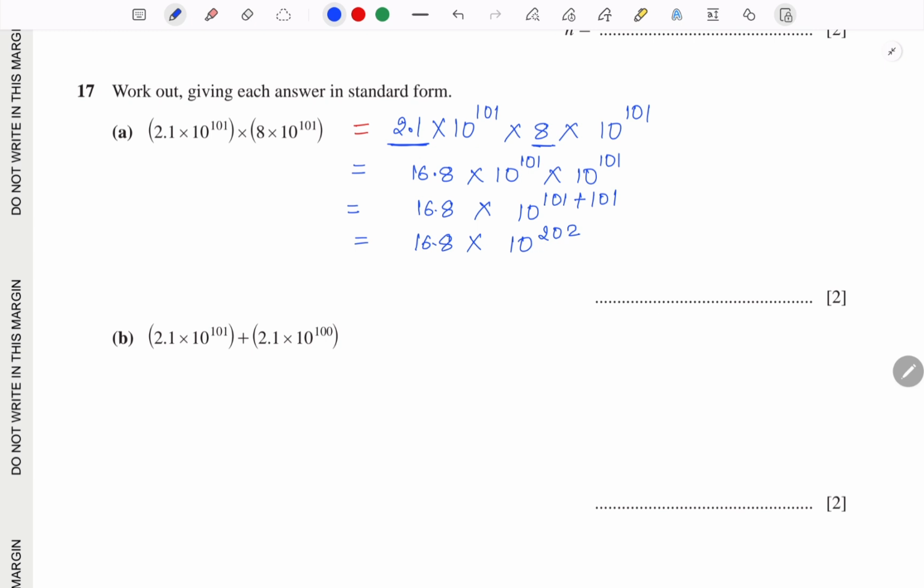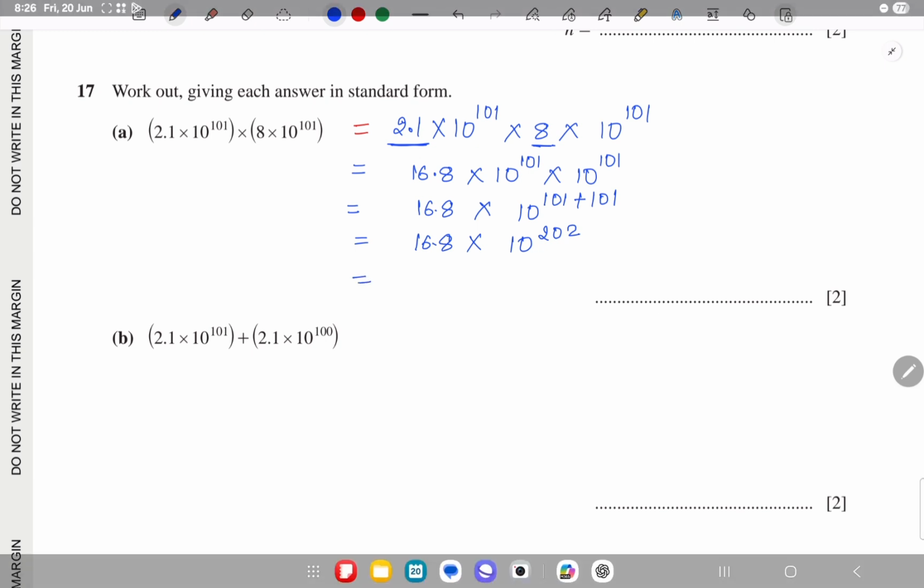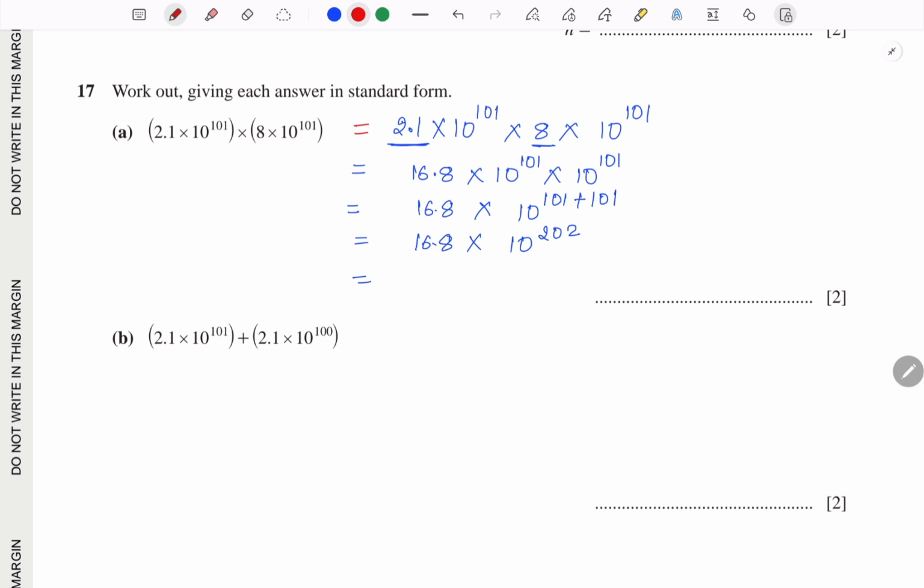Now, we have to understand one simple thing, that we need to move this decimal here because we need to give our answers in the standard form, right? So for that, I will write 1.68 into 10 raised to the power 202.